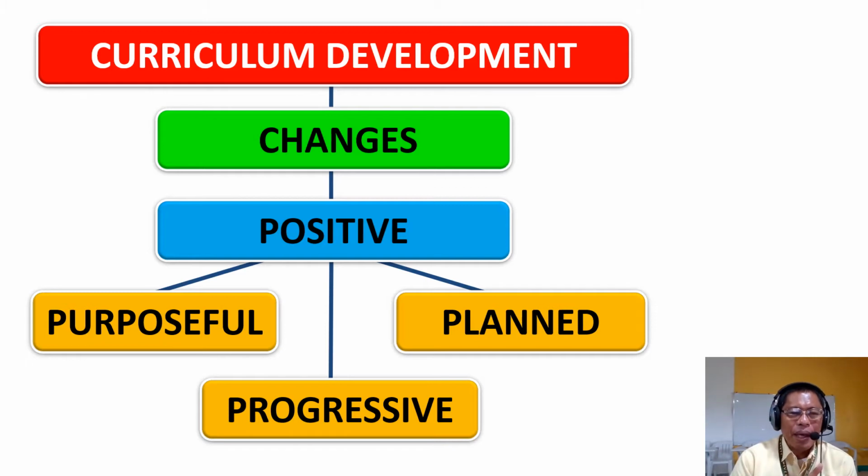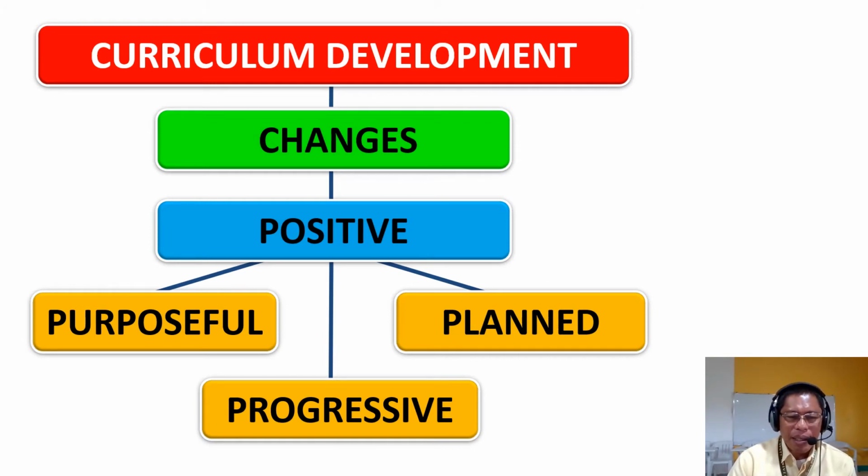Curriculum development occurs through changes. Sabi nga natin kanina, there can be no development without change. In order for these changes to achieve positive results, they should be purposeful, planned, and progressive.